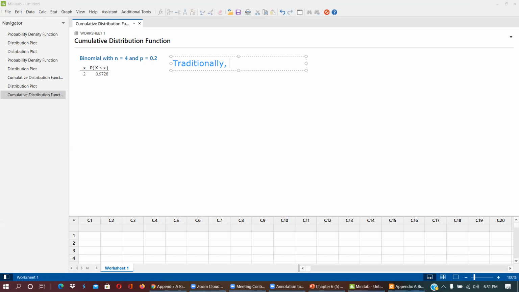Let's say traditionally, on average, based on past records, almost 7% of alumni donate money to an EWU alumni meet event.